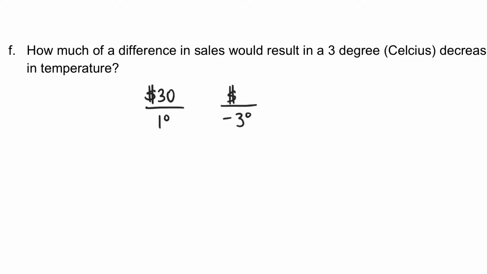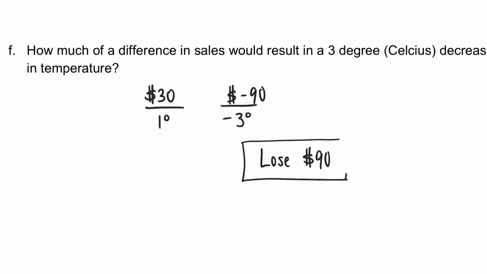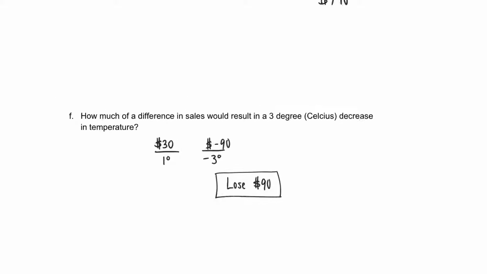You had to multiply by -3. So if you take 30 and multiply by -3, you're looking at -$90. So you would lose $90. Again, you don't have to have exactly $90, but you should be pretty close to that. Most of you are probably somewhere between $80 to $120 there, depending on what you got for your slope back in the first part.